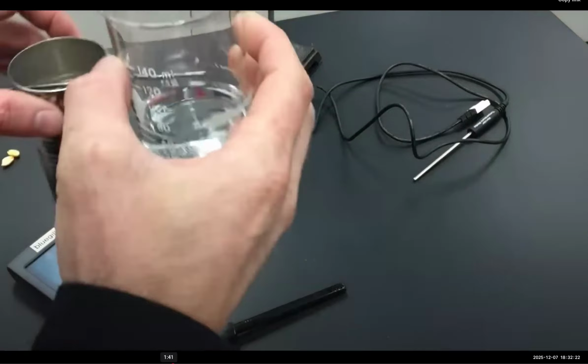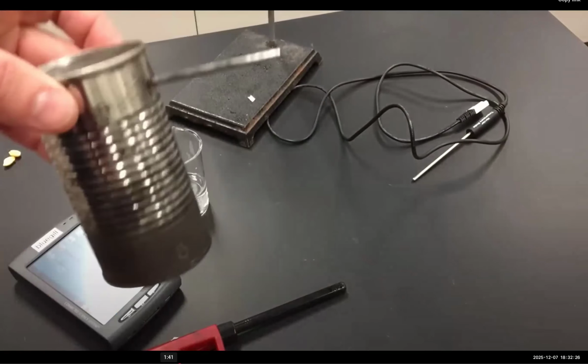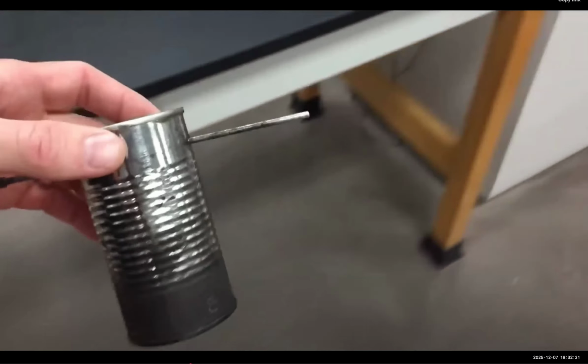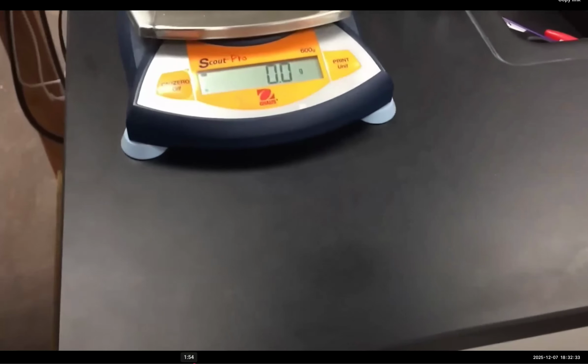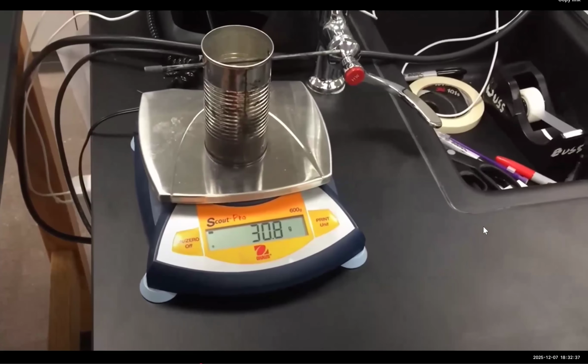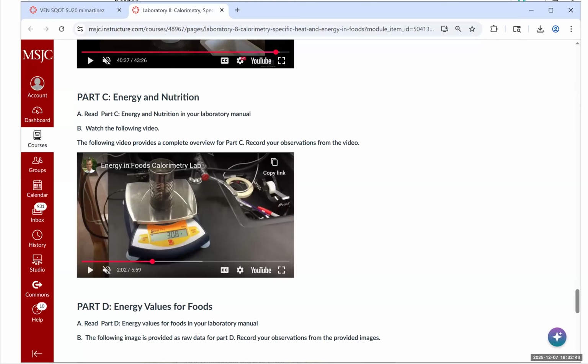They're now going to set up their calorimeter and load it with some water. So first, they're going to weigh the calorimeter. So here's the mass of the empty calorimeter, 30.8 grams. So let's write that down.